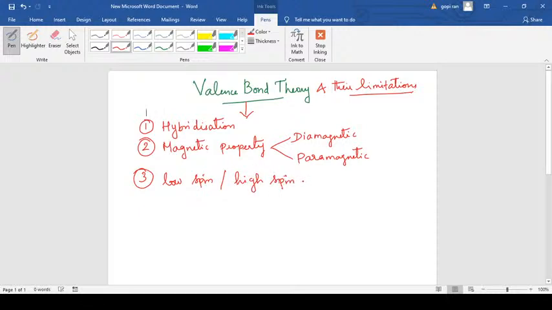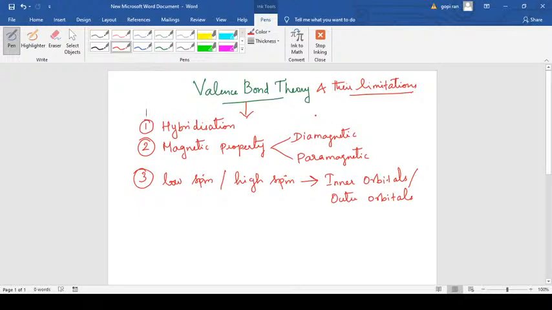With the help of this, we can say inner orbital or outer orbital complexes. These things we can find out with the help of valence bond theory.